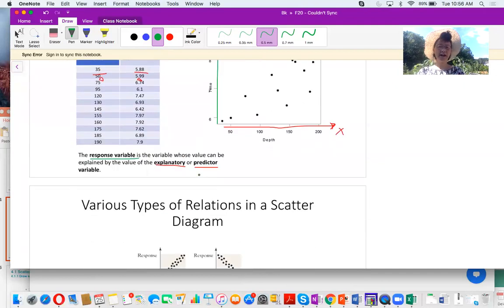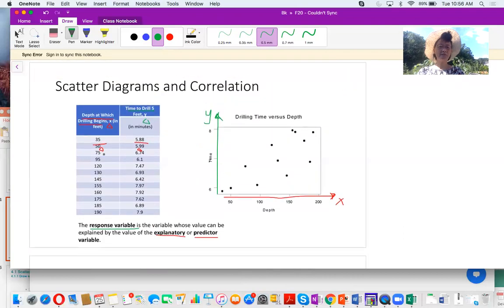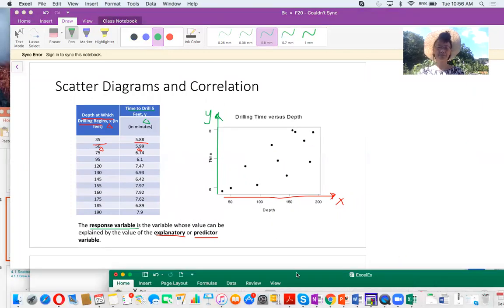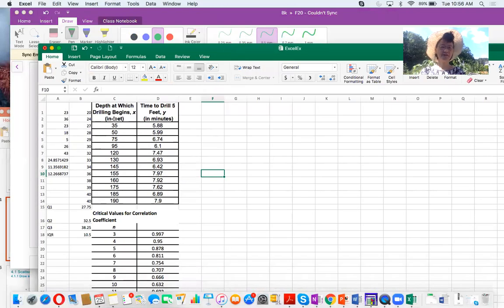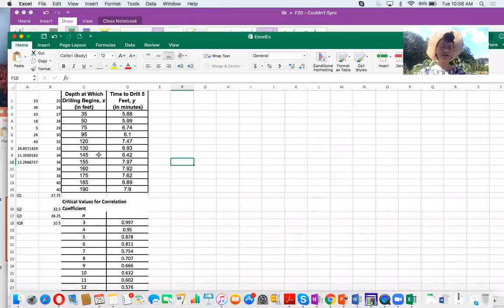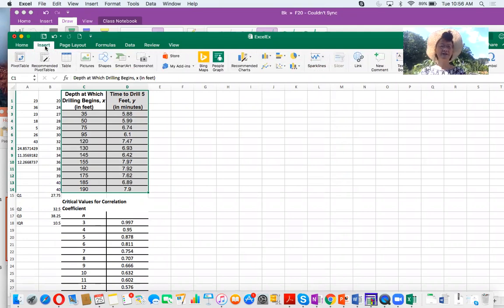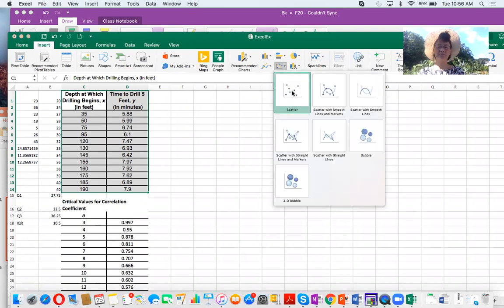So how do we get the data from here, the table, to a diagram? You can use Excel. So this is the data, okay. So in this data, you highlight the data range, including the labels. And then you go to insert, scatter plot.